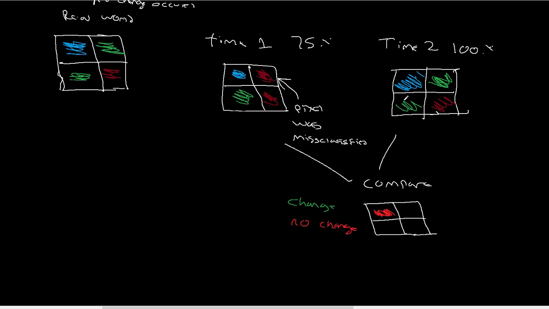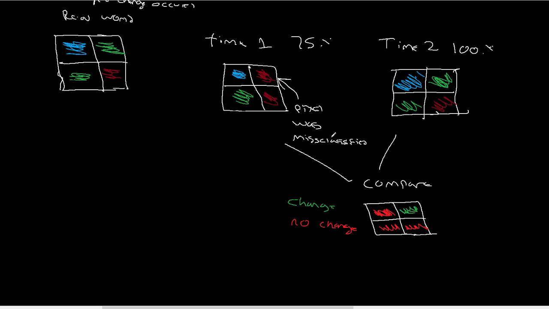Forest compared to forest, again, no change. Urban compared to urban, again, no change. What happens up here though? This was urban at time 1 and it was forest at time 2. So we actually are saying that there was change. So this would be change.